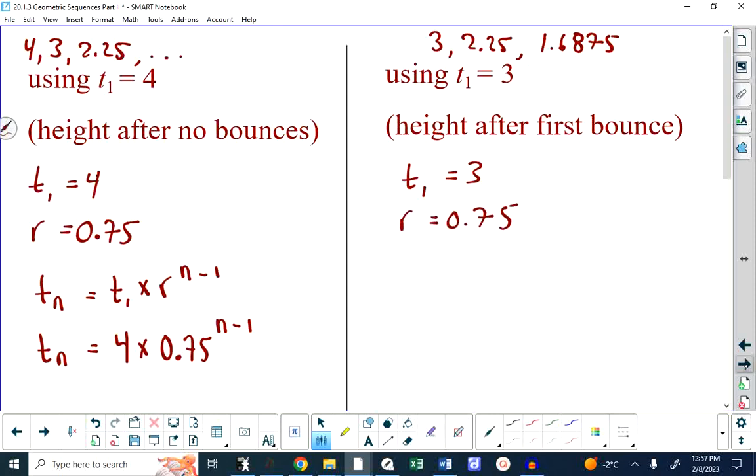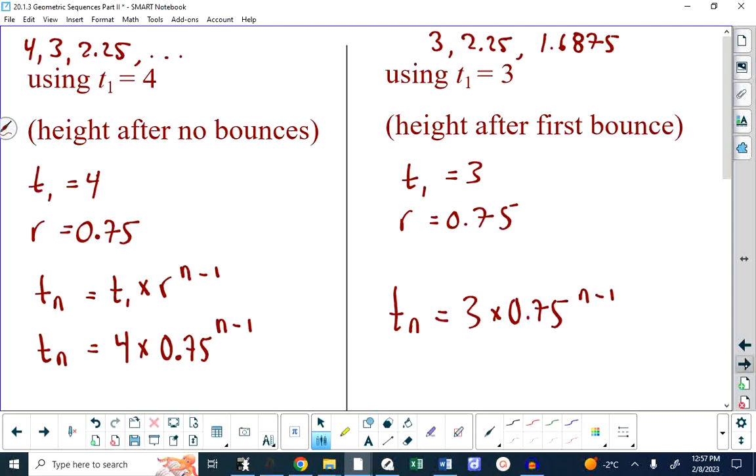And again, I'm saying we're being craftier here because then n corresponds to the height after n bounces. If I use n equals 12, I'll get the height after the 12th bounce. So my formula this time is Tn equals 3 times 0.75 raised to the n minus 1.